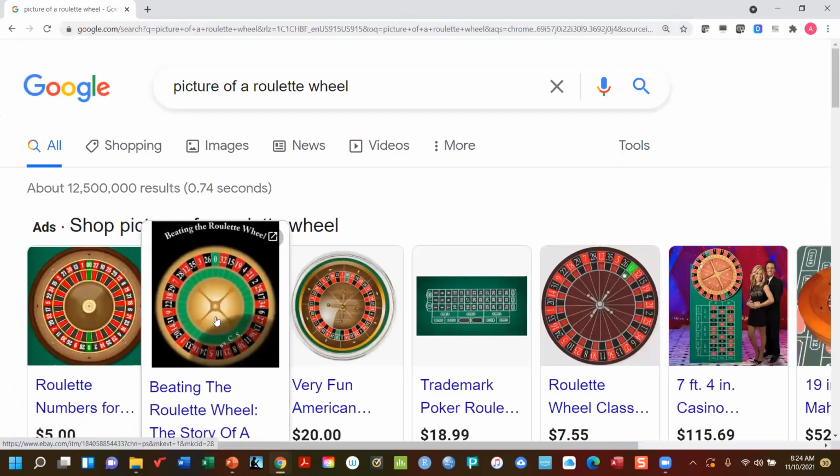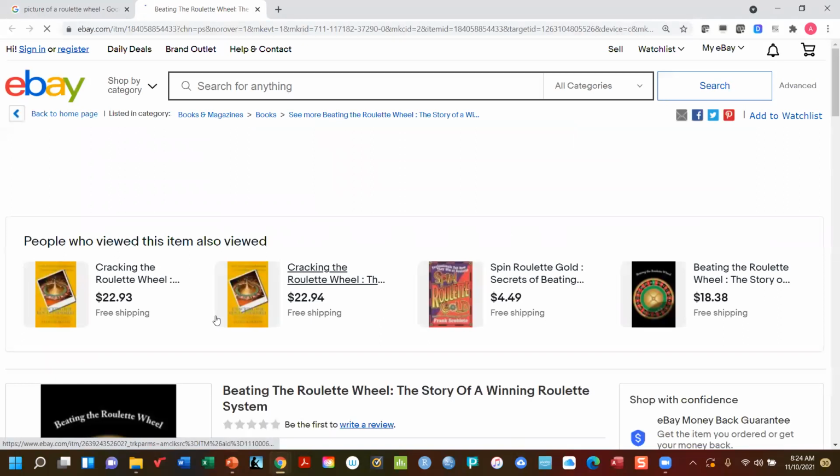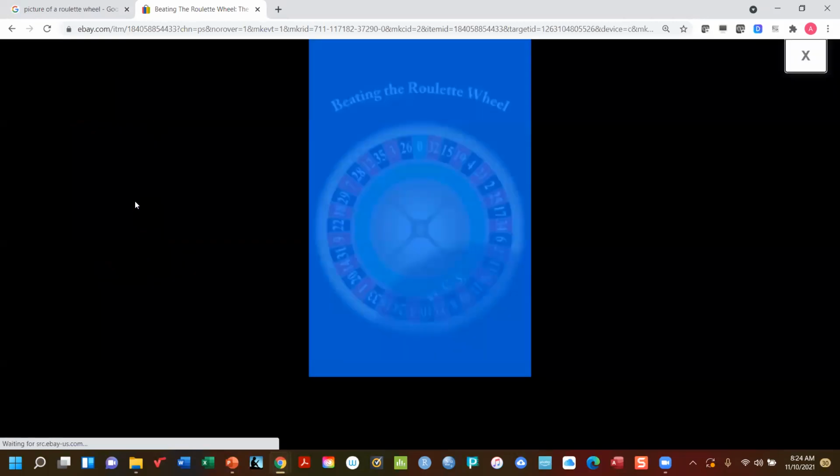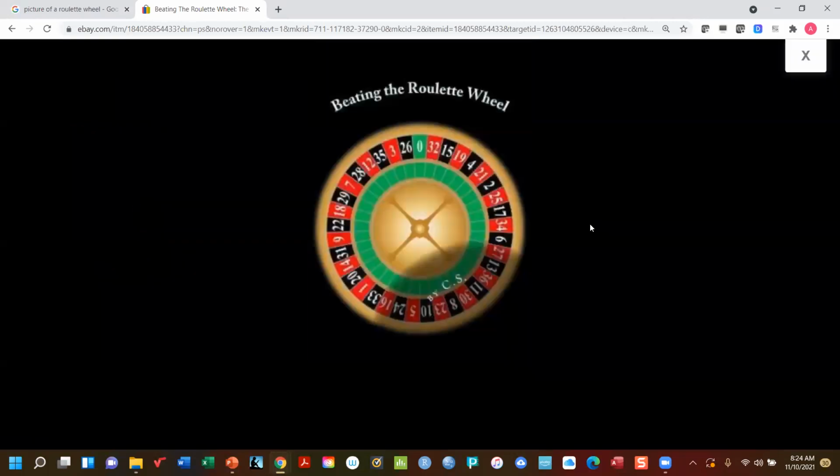You're spinning this gigantic wheel with numbers on it. A little ball is tossed out, spins around and around, and lands in one of these slots in front of one of these numbers.